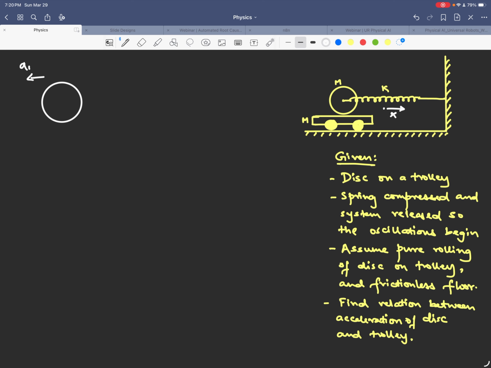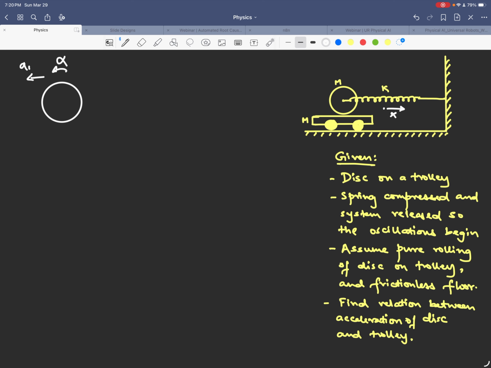However, it is a disk, so it will also rotate, right? So there will be an angular acceleration of alpha, as is given in the question, that it is starting to rotate, and we need to find the relation between the accelerations and so on. So if it is a disk and if it rotates about its own axis, then there has to be some force which is giving it that angular acceleration, right?